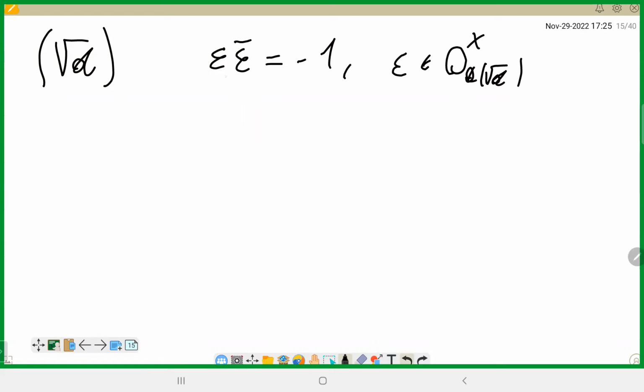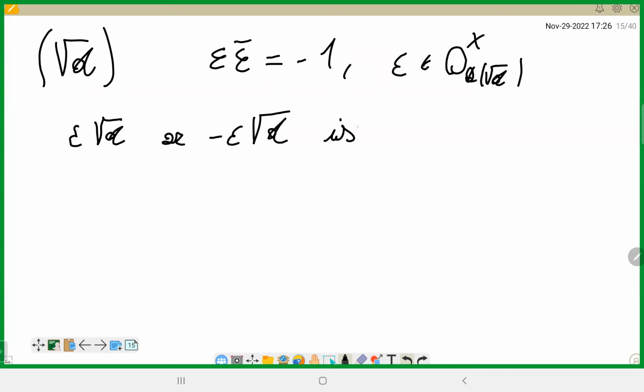Anyhow, so if that's the case, that there is such a unit of negative norm, then this ideal square root D, you can turn it into, you can find a totally positive generator, because now epsilon root D has basically the property that either epsilon root D or minus epsilon root D is totally positive.